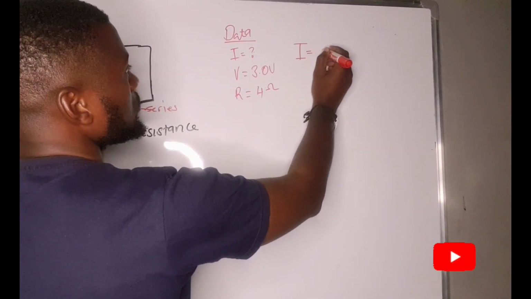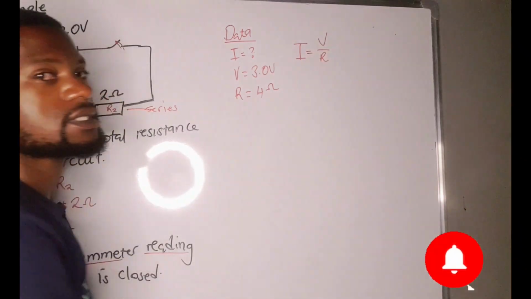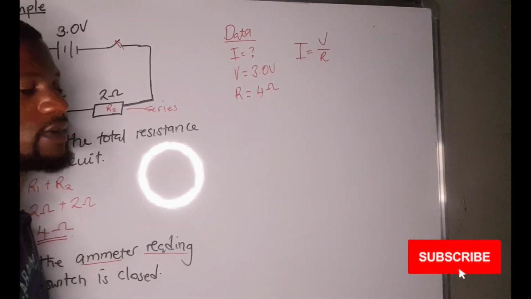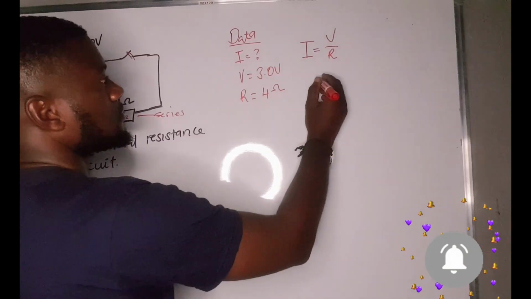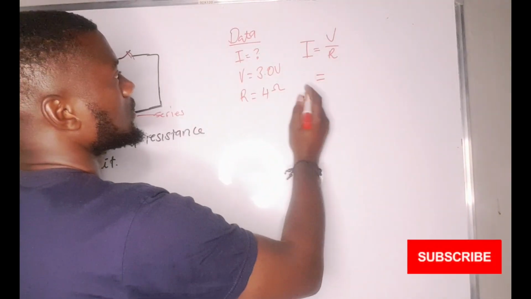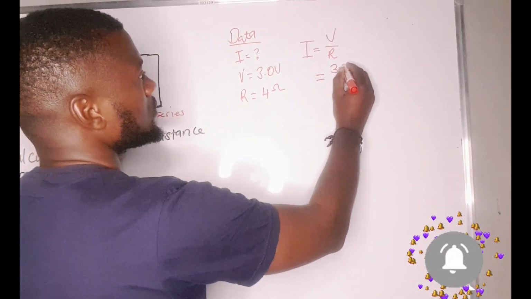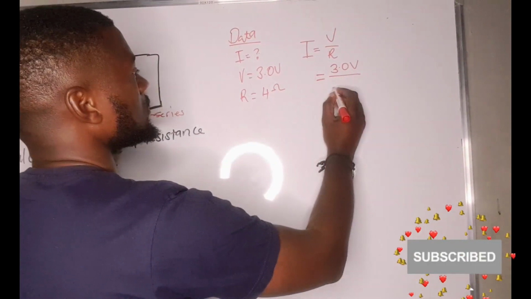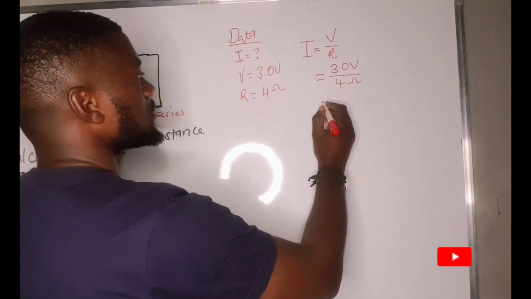So now we say current is equal to voltage divided by resistance. The voltage given in the circuit is 3.0 volts, divided by the resistance, which is 4 ohms.